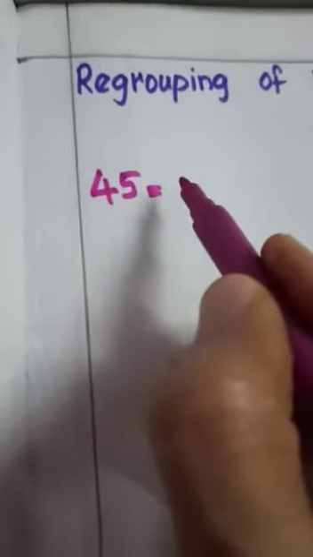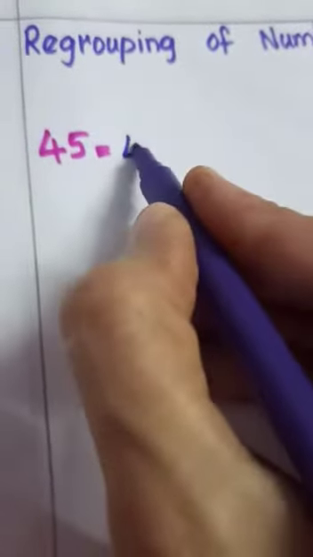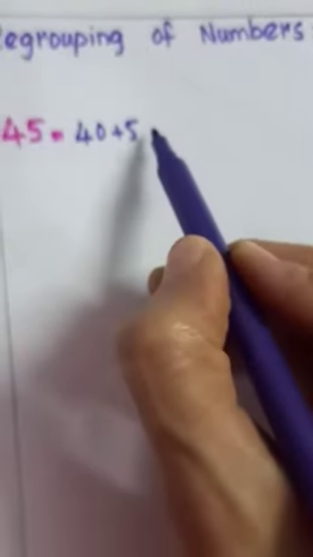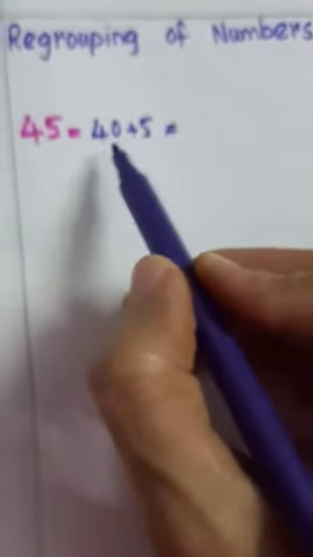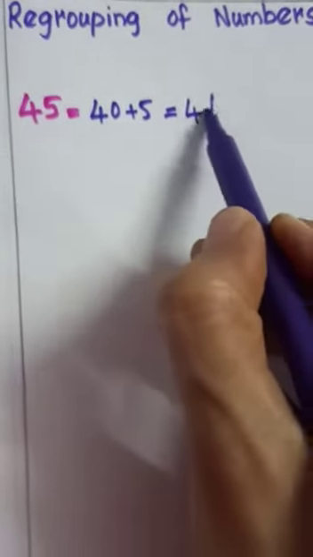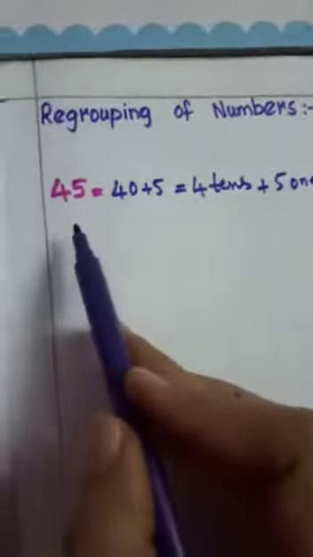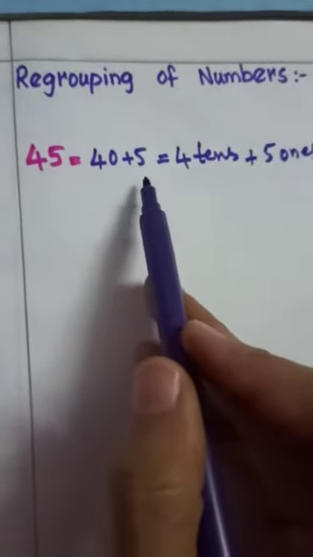So 45 can be written as 40 plus 5, and this 40 can be written as 4 tenths and 5 ones. This 45 can be written as 40 plus 5.